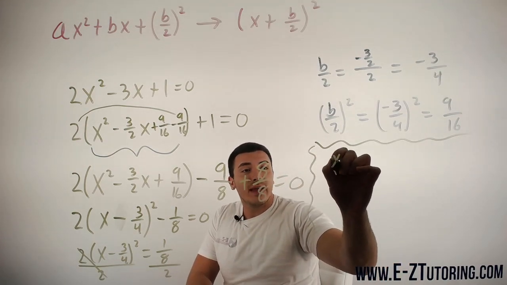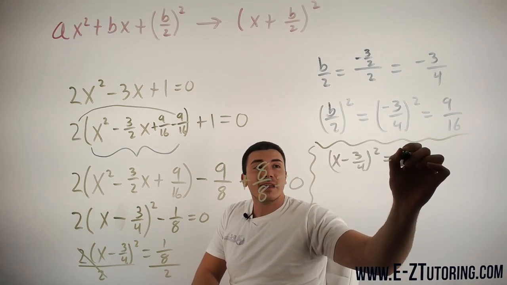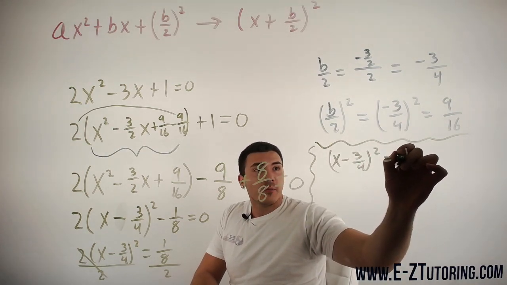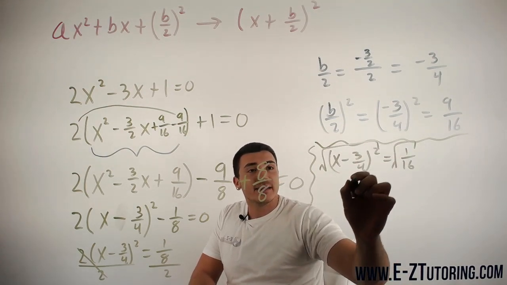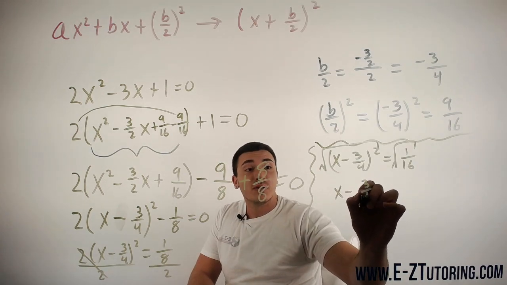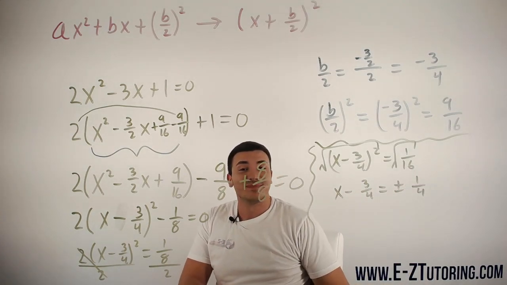So now we have x minus 3 over 4 squared equals, keep change flip, 1 over 16. Square root both sides: x minus 3 over 4 is equal to plus or minus 1 over 4.